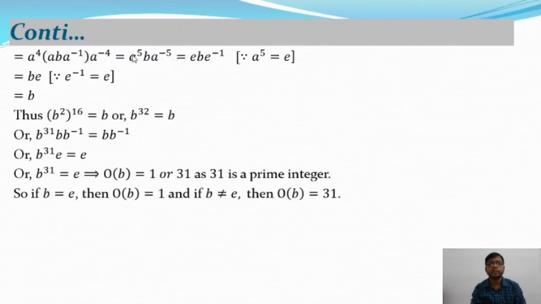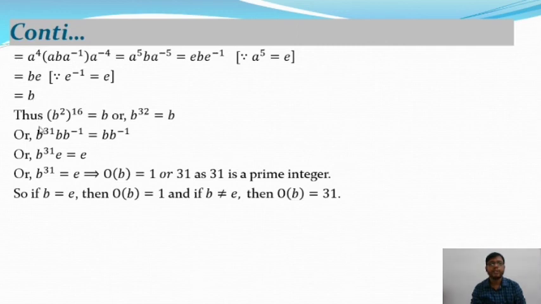You know that a to the power 5 is equal to e. This is the order of element a, and it is given. Where a to the power minus 5 is equal to e inverse, and e inverse is equal to e as well, since the inverse of the identity element is the identity. So from this we get b into e, that is b.